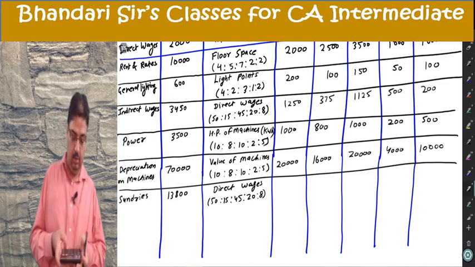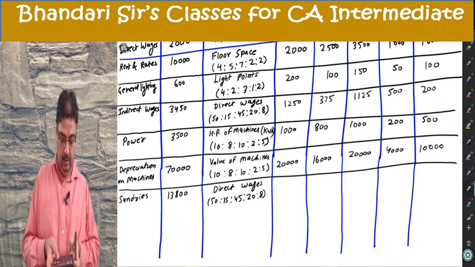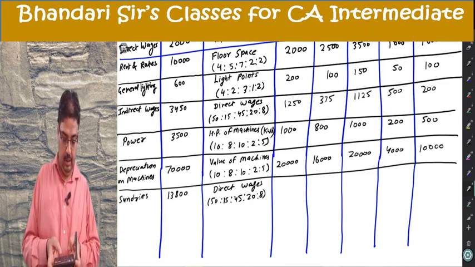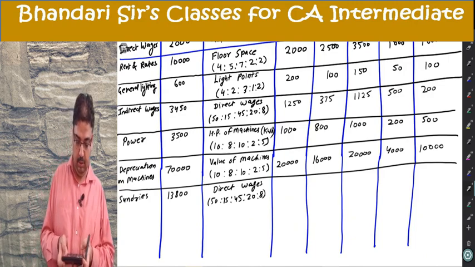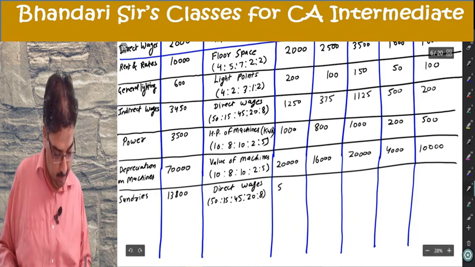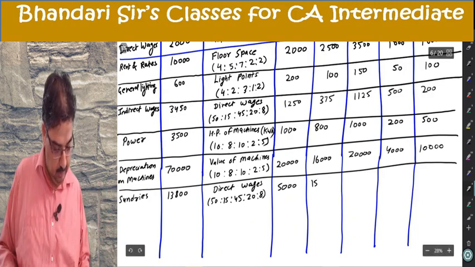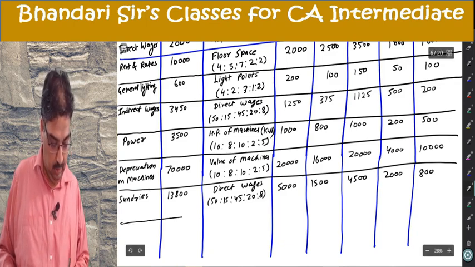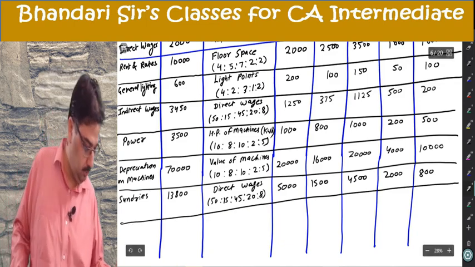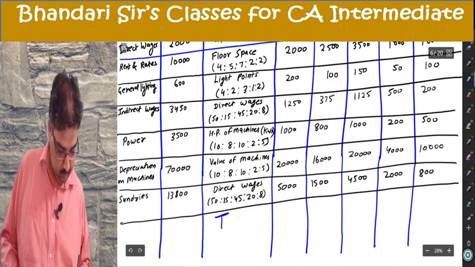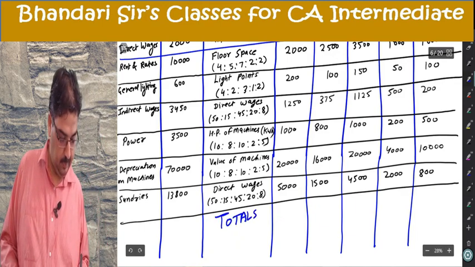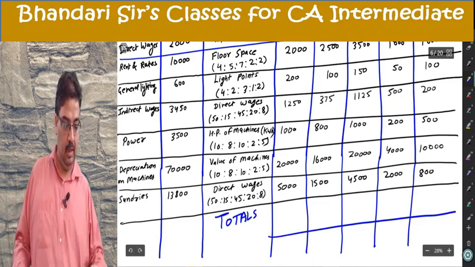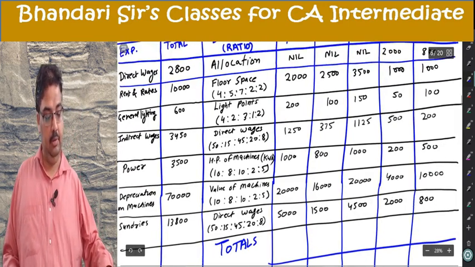We did that earlier also. 50, 15, 45, 28. 138 is total. So 100 to be multiplied: 5,000, 1,500, 4,500, 2,800. Now what I want is totals here. That is what I am interested in. Let me compute.